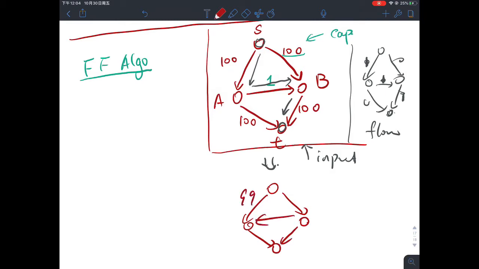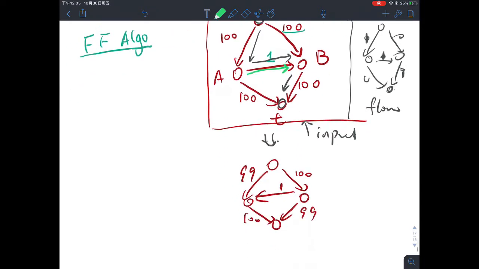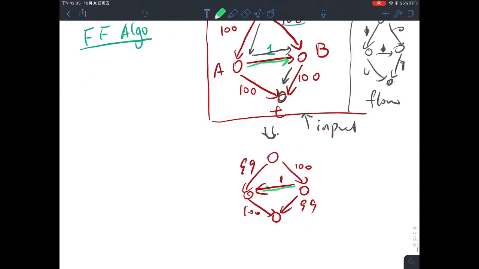So this is 99, this is 99, this is 100, these two are 100. The only difference is the edge over here. Originally the AB edge is connecting from A to B, and after we use this edge in our first update, the direction of the edge gets flipped. It's now moving from B to A.